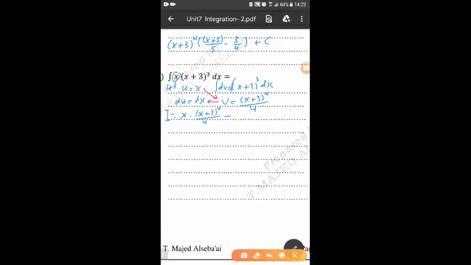The rule says the integration of u dv equals uv minus the integration of v du.